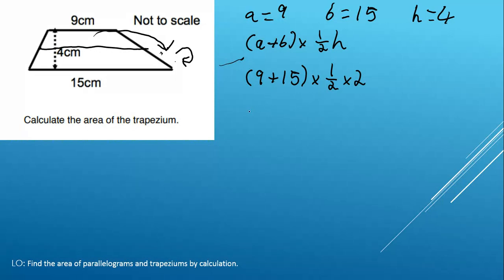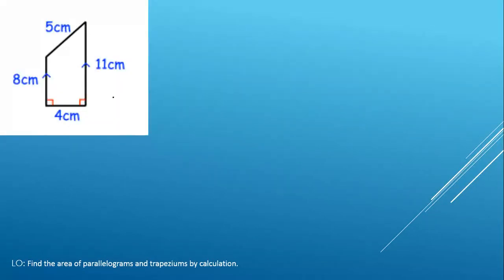So what that gives us is 9 add 15 gives us 24. So that's 24 times by half of 4. 24 times by 2, which gives us 48 centimeters squared. Okay. On to the next one.